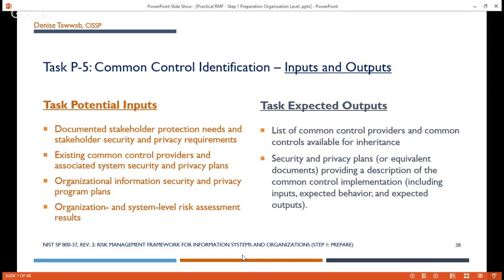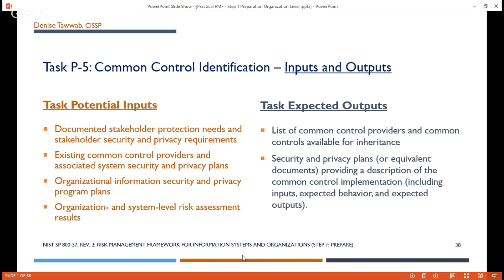The inputs to identifying your common controls would include, again, your documented stakeholder protection needs and stakeholder security and privacy requirements, any existing common control providers and their associated system security and privacy plans, information security and privacy program plans for your organization, and your organization and system level risk assessment results.